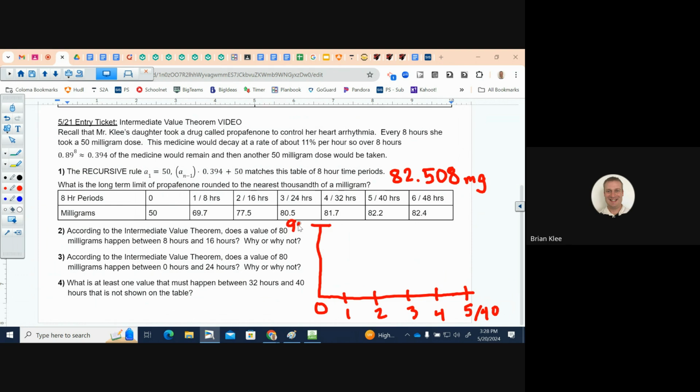Let's make that 90, which means 45 is right around there. Okay. So we start off as she takes the medicine. We're at 50. It decays. We're going to get down to 19.7.